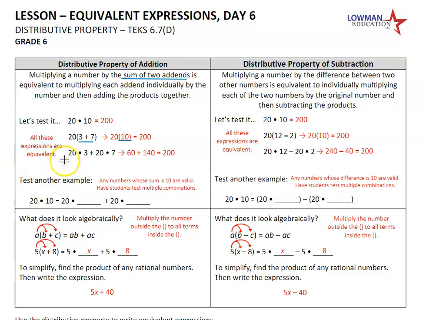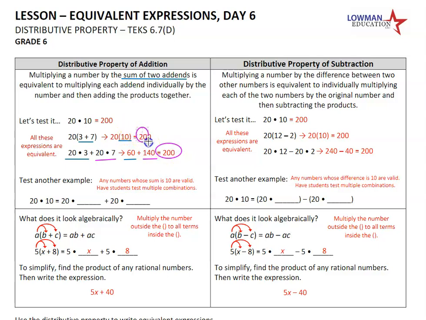You can separately multiply 20 times 3, which will give you 60, and 20 times 7, which will give you 140. And then the addition, if you add 60 plus 140, that gives you your 200.